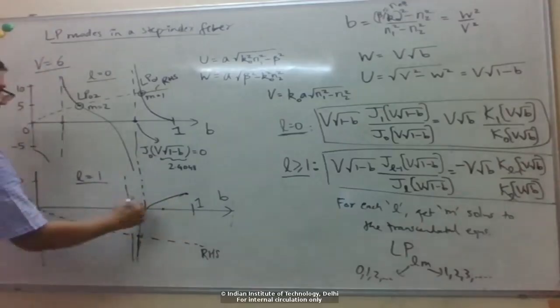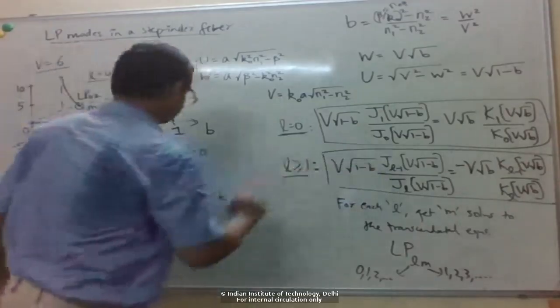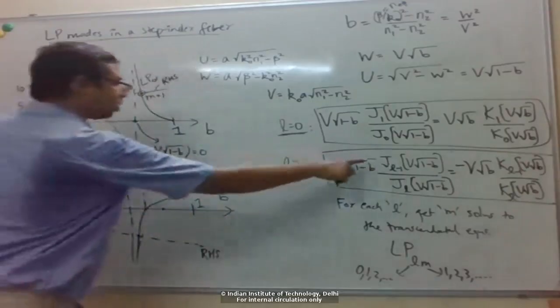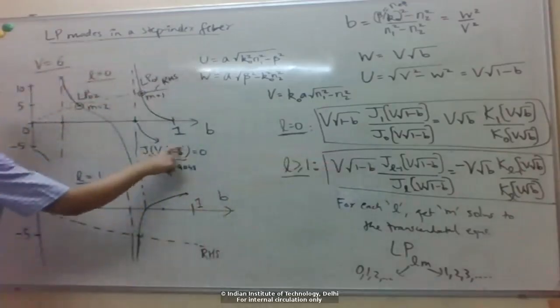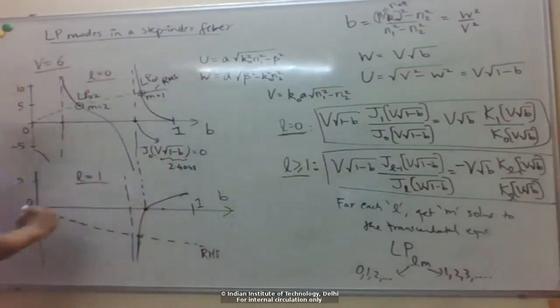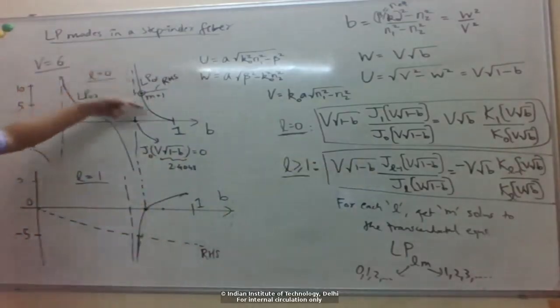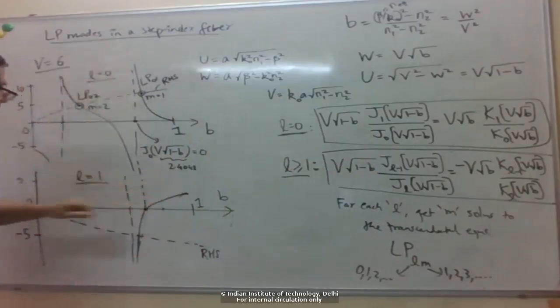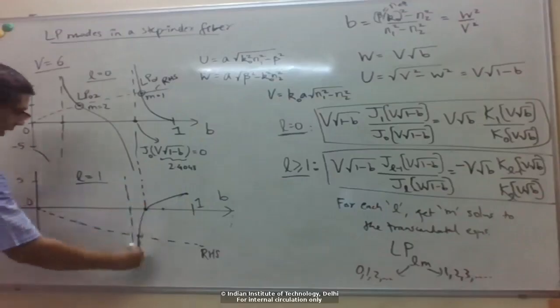Okay, so again, here now we have J0 by J1. So that will become 0 when the root of J0 is encountered, right? So at the same point, now this will be 0. Basically, it's the inverse of this. So this becomes 0 here, right? And then it will keep going.